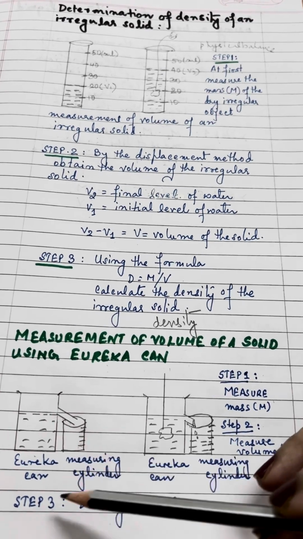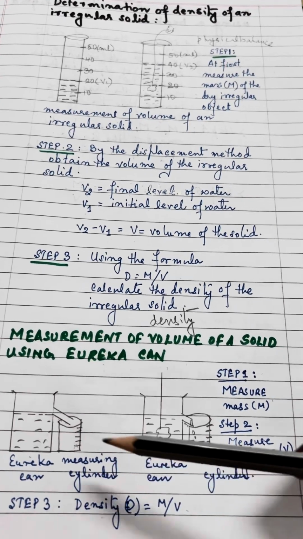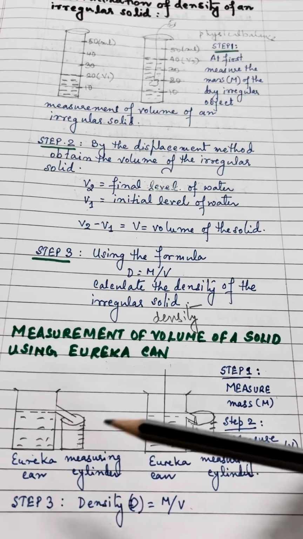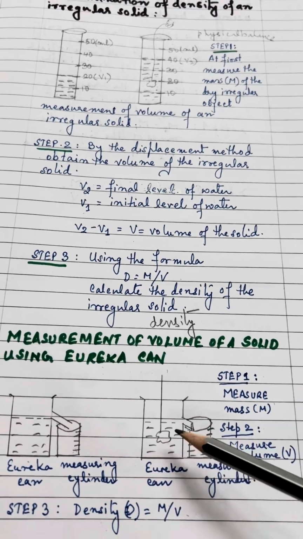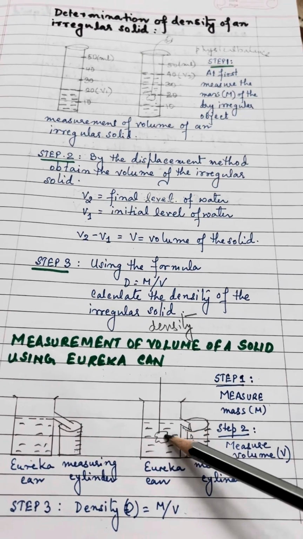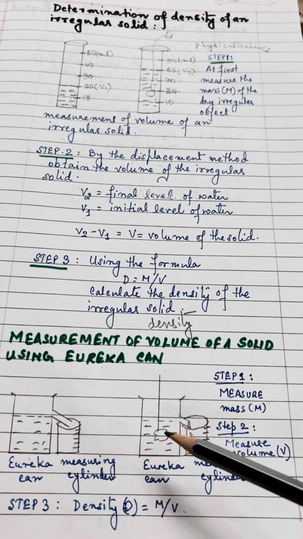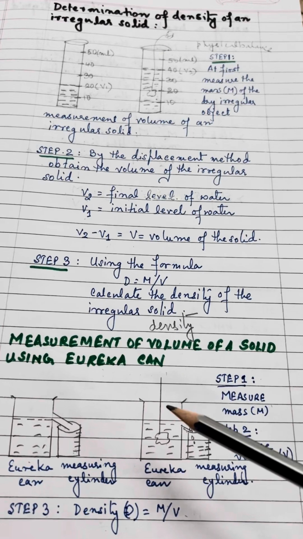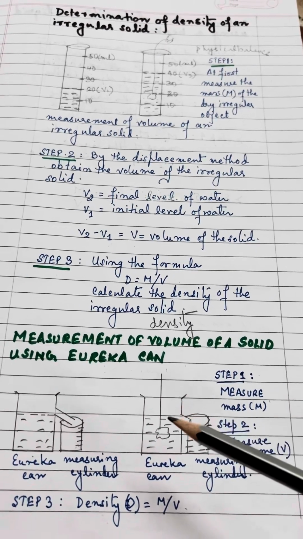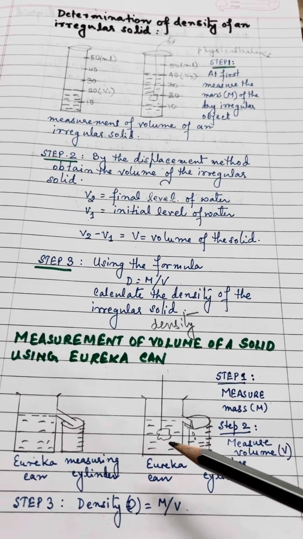We remove the measuring cylinder; the water that has been collected can be used for different purposes. Now, we take the irregular solid whose volume has to be measured. With the help of a string, we gently dip it into the Eureka can.